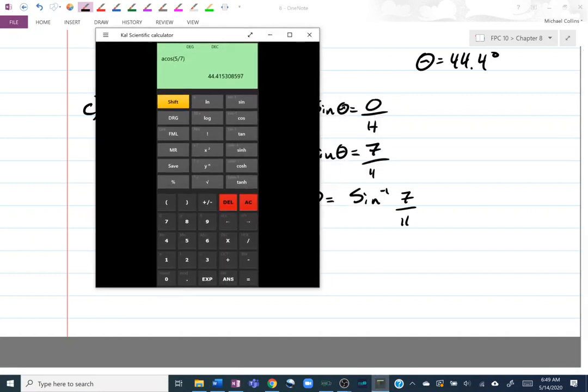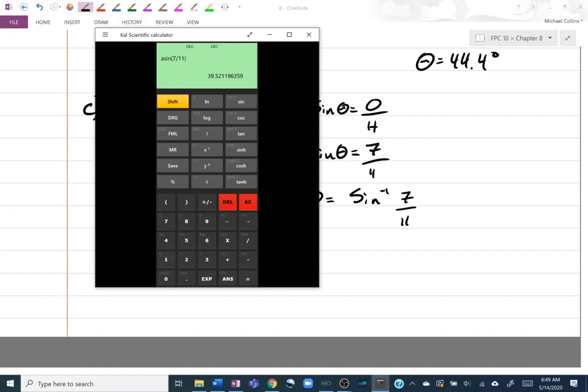Get my calculator out. Inverse sine of 7 over 11. Oh, I hit the wrong button there. Inverse sine of 7 over 11.